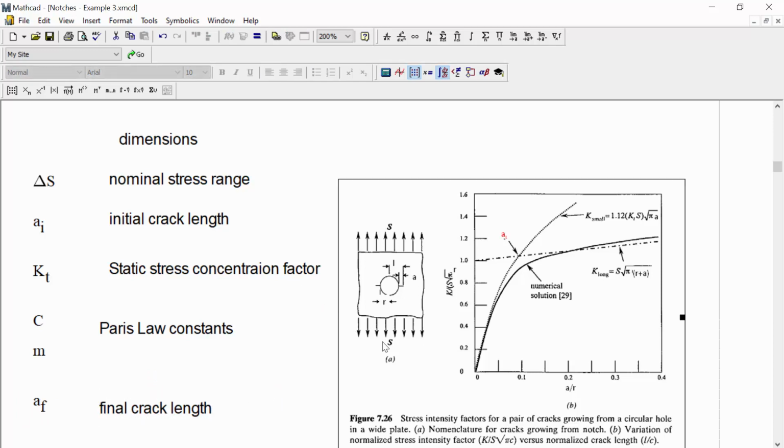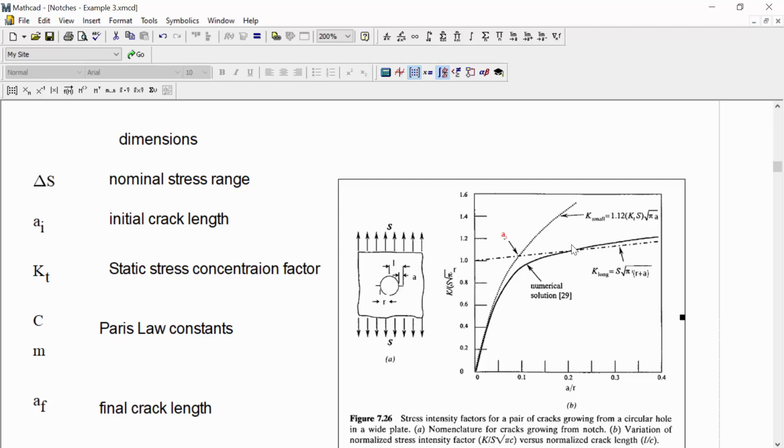With the diagram that we're given of the specimen, we're also given a plot of the stress intensity factors. In this diagram, we find that there are two equations. There is the stress intensity factor when the initial crack length is very small, K small, and it has a certain relationship with stress and stress intensity.